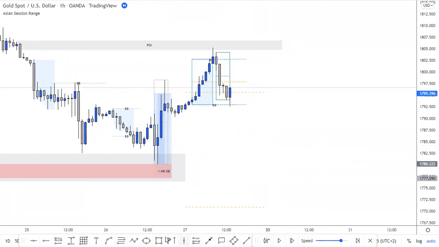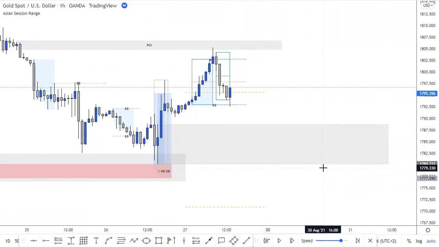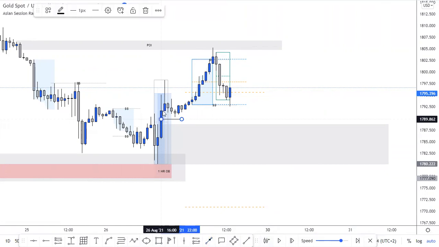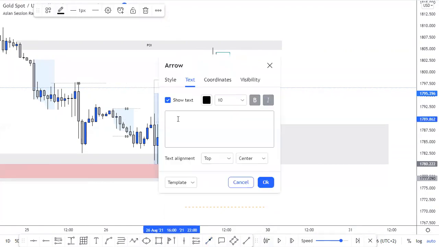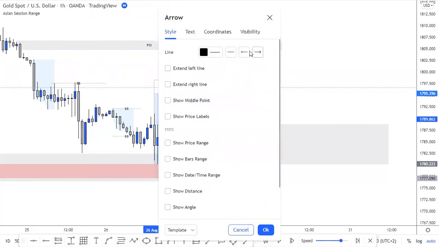Okay, wait. My point of interest here was gonna be somewhere here. This one is too big, so we're gonna try to refine it. We also have an imbalance.